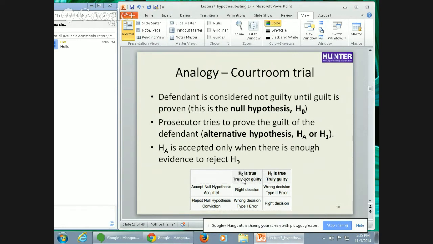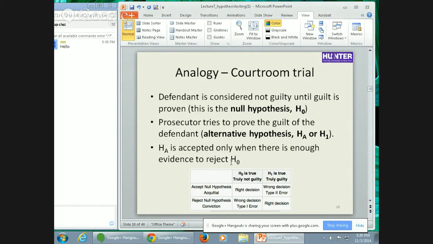If the null hypothesis is true, the defendant is not guilty, and we accept the null hypothesis, that's a right decision. And of course, also, if the alternative hypothesis is true and we reject the null, that's also the right decision.